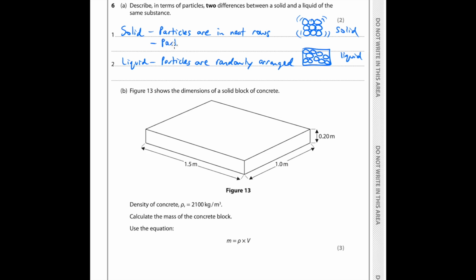Solid, the particles only vibrate, whereas here the particles can move. Solid, they've got less kinetic energy. Liquid, they've got more kinetic energy. Solid, the particles are closer together. Liquid, particles are further apart.